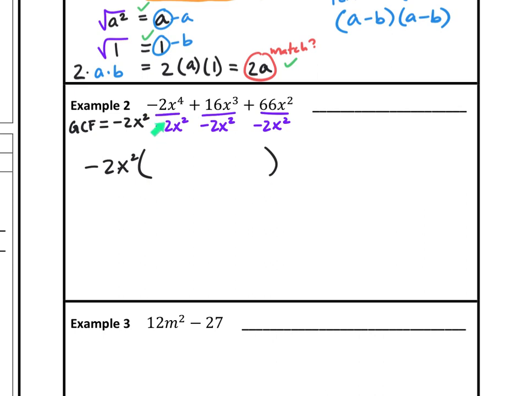Negative 2 divided by negative 2 is 1. X to the fourth divided by x squared is x squared. 16 divided by negative 2 is negative 8x. And 66 divided by negative 2 is negative 33. And then x squared divided by x squared will cancel.